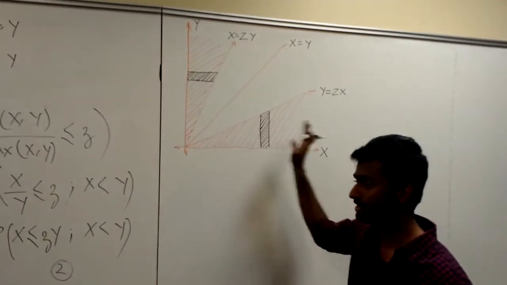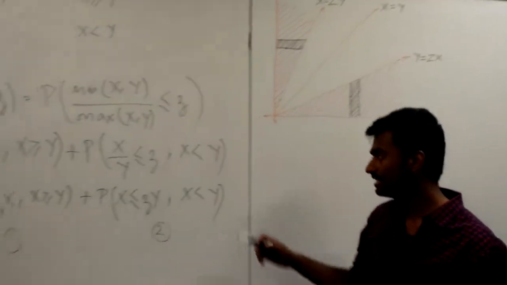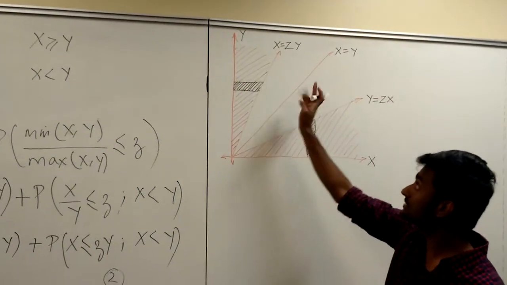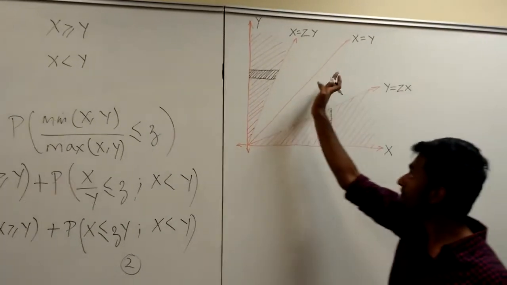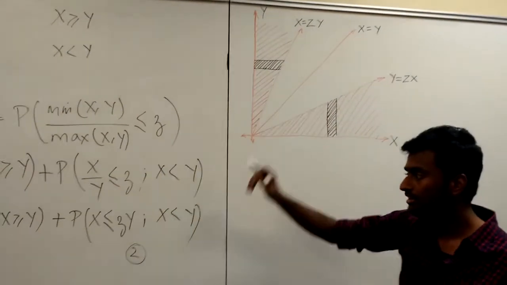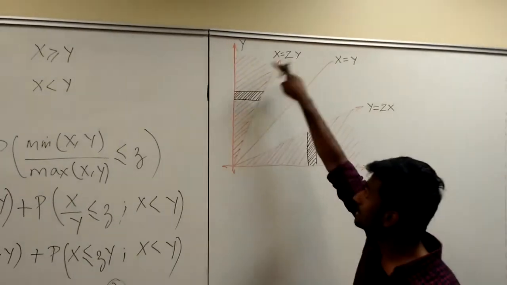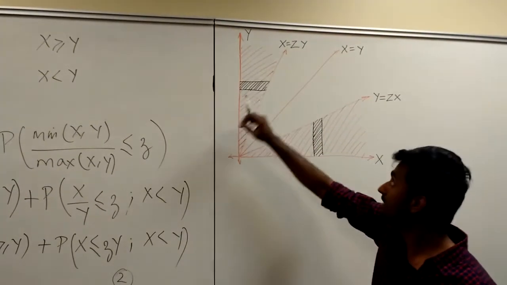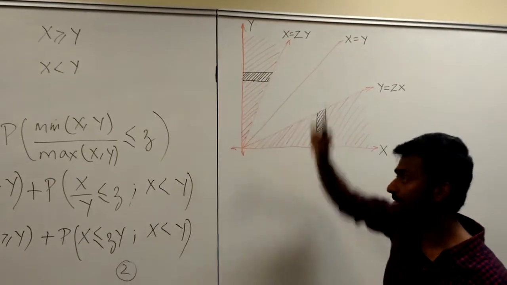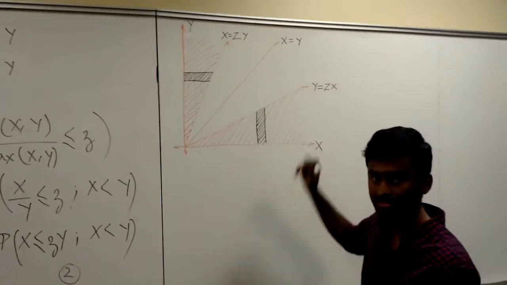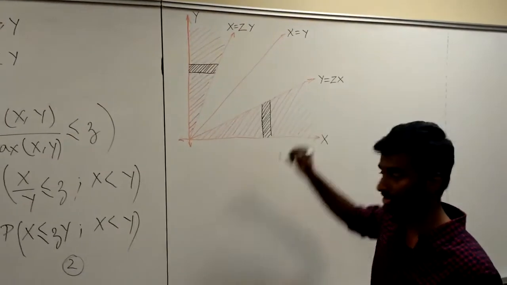So that is the shaded region. Now coming to the second case, when x is less than y, which is the region above the line x equals y, that is this entire region where x is less than or equal to zy. That is this shaded region on the left hand side of x equals zy. Now we need to take a double integration on both these shaded regions. Let's start off with this region first.